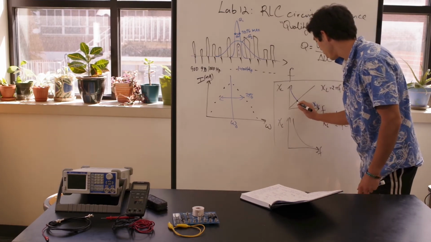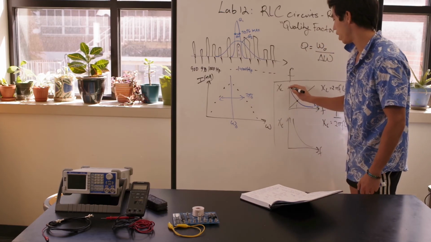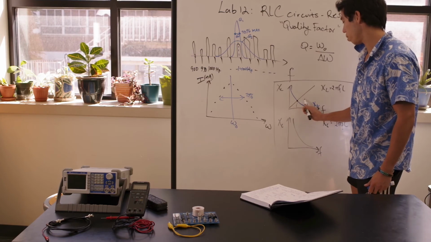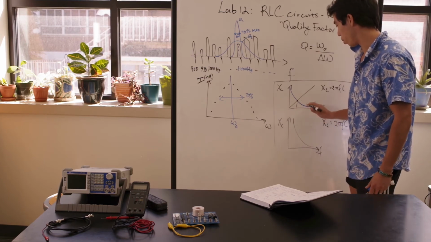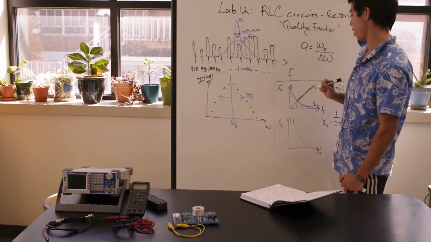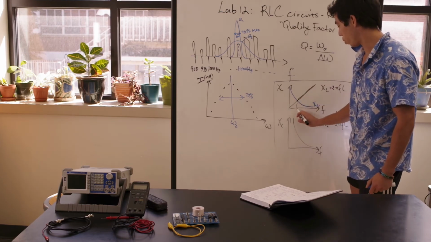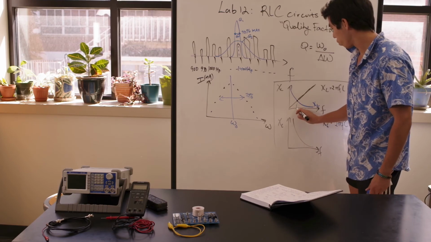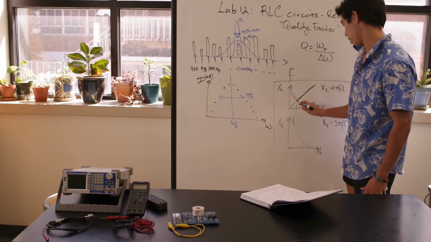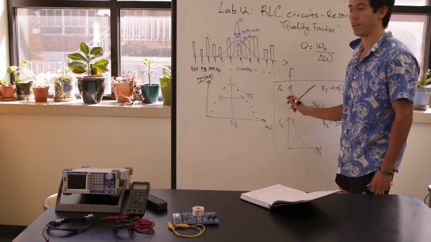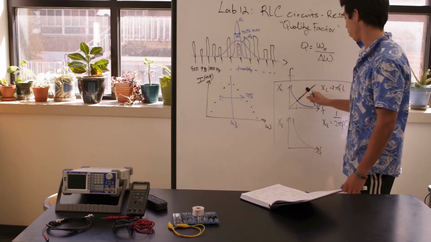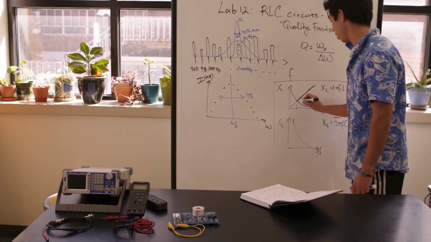So at frequencies below this point, we get a dominance of inductive reactance, and in frequencies above this point, we get a dominance of, I think I had that backwards. So for frequencies below this point, the capacitive reactance dominates, and above that frequency, the inductive reactance dominates. Okay?